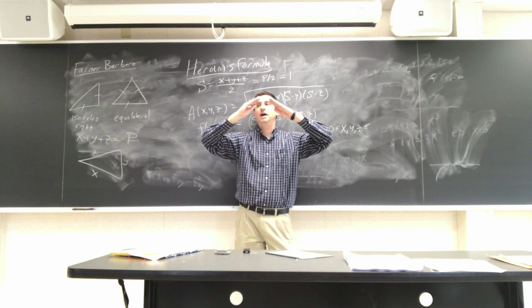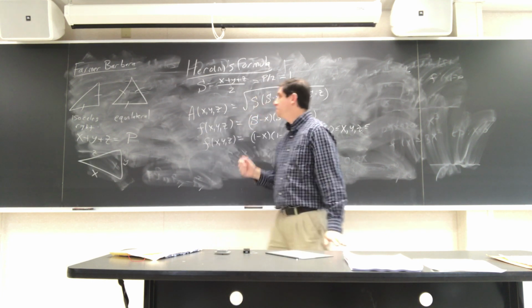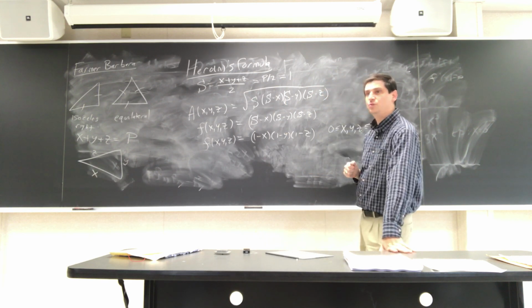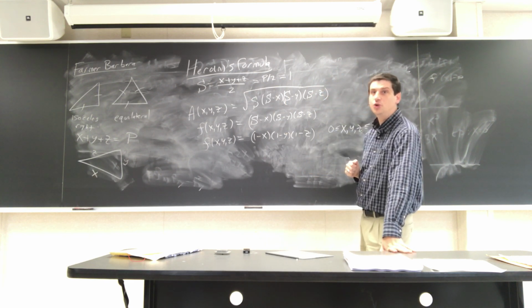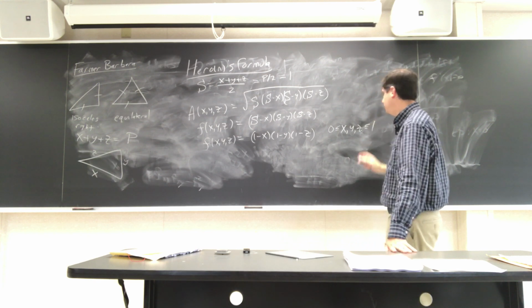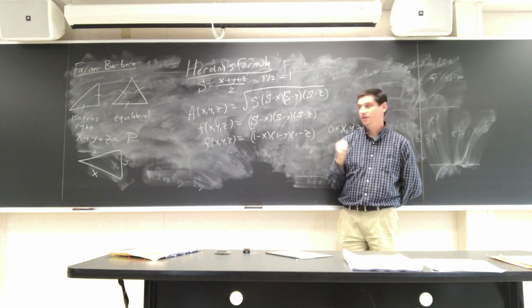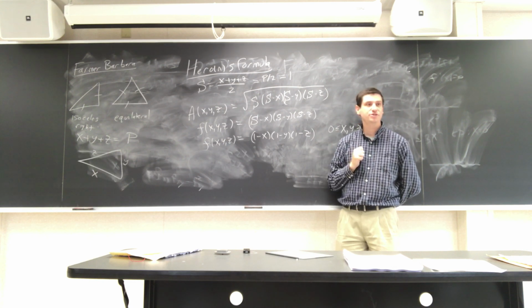The only way they're equal is if you actually have a degenerate triangle, which is just a straight line, because these two lines are coming up. So since the semi-perimeter is equal to 1, the perimeter is equal to 2, and no side can be larger than 1. So I now have a function of 3 variables. Here are my boundary points, x, y, or z equals 0, x, y, z equals 1.